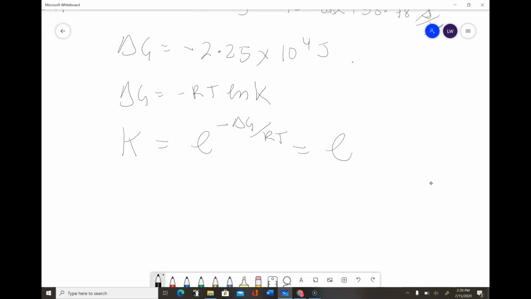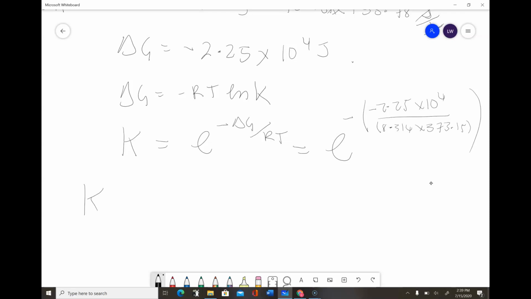So that's going to be e to the negative of minus, you've got to keep your sign straight here, 2.25 by 10 to the 4 over 8.314 times 373.15, and that will be it.